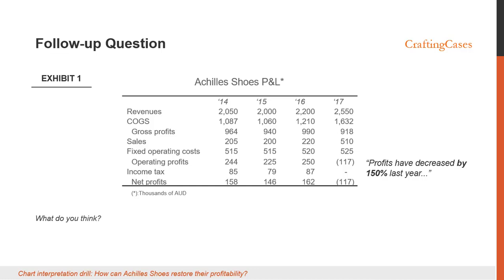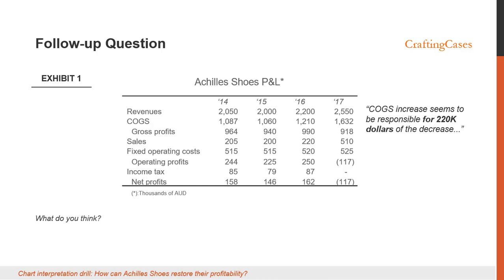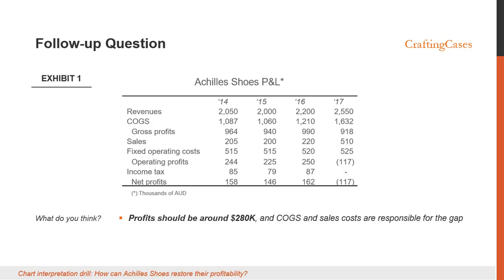Okay? More examples of this are here in my first answer for the first chart. So I said profits have decreased by 150%. I said, while revenues have increased by well above 10%. I said, cost of goods sold increase seems to be responsible for $220,000. I said, sales costs for other $255,000. Then in my synthesis, I said, profits should be around $280,000.